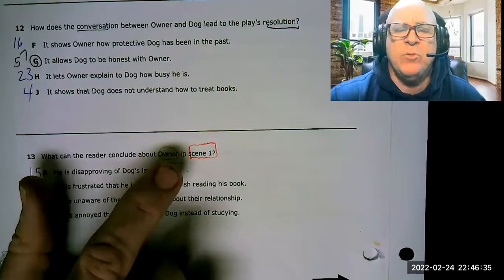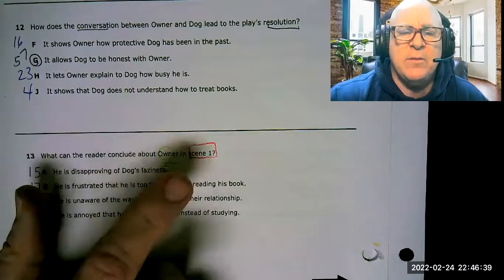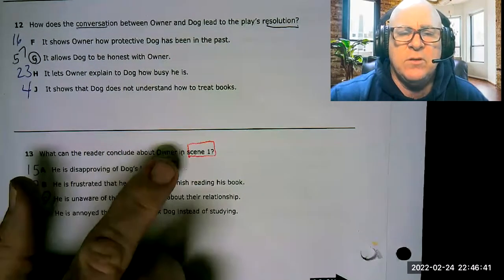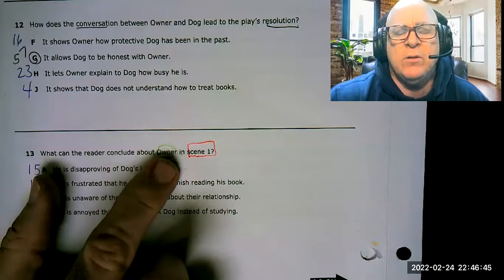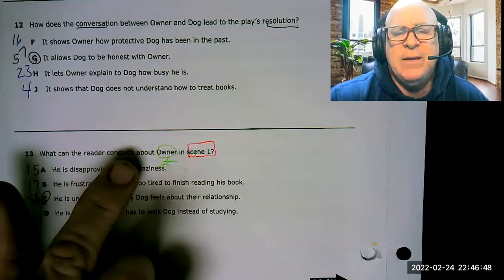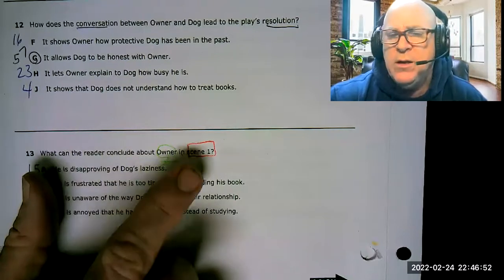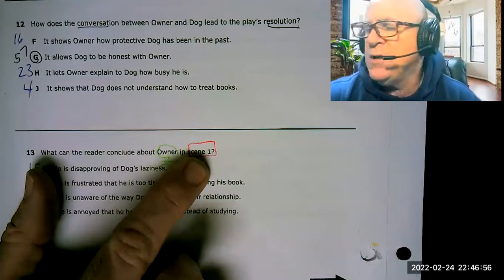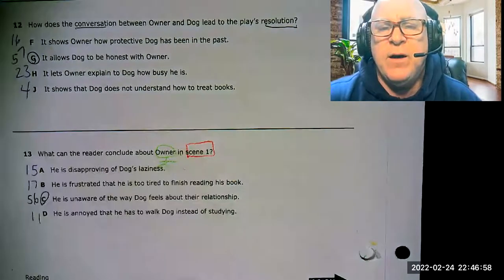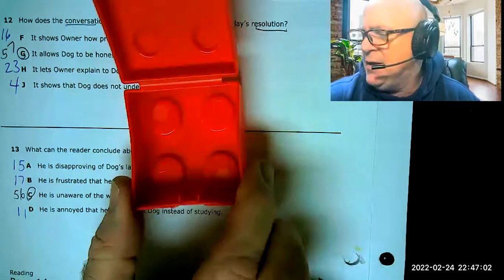So let me show you what I mean. So I'm making a little stick man because the subject is the owner, the subject of the question. What conclusion can I draw about this person in scene 1? So I have a red box in scene 1. And so if you notice, if you go to the Dollar Tree, you can find these little boxes for $1 where you can put any kind of candy inside.